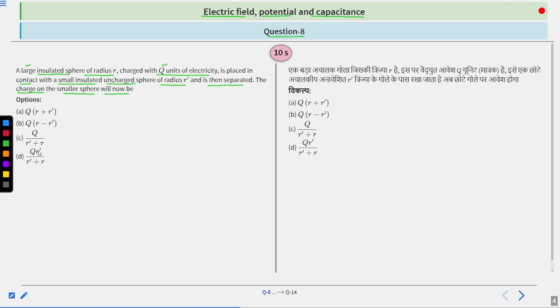Which option is correct? Means the charge on the smaller sphere is what? A, B, C or D? You have some time to solve this question. After that, we will provide the solution.